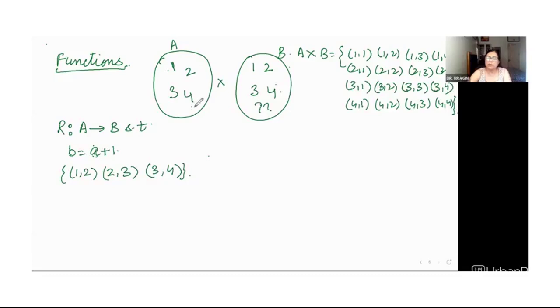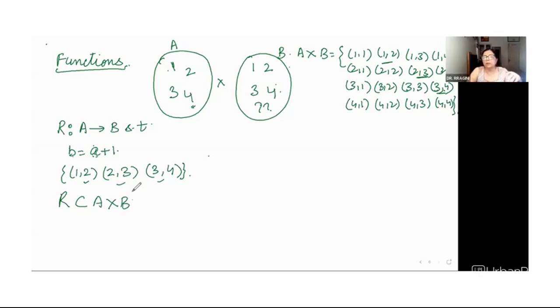So even though 4 is there in the first set, since we don't have the image of 4 in the second set, we cannot write (4, 5). And we can see that all of these 3 ordered pairs, (1, 2), (2, 3), (3, 4), are here in A cross B. Again, R is a subset of A cross B. So till here we had learned in the last video also.